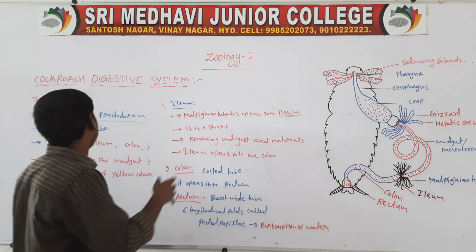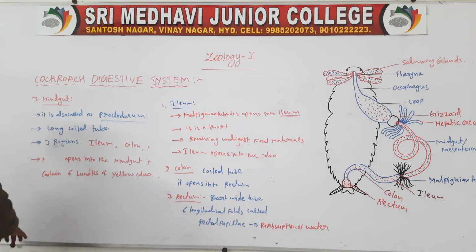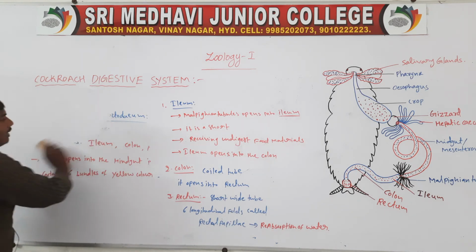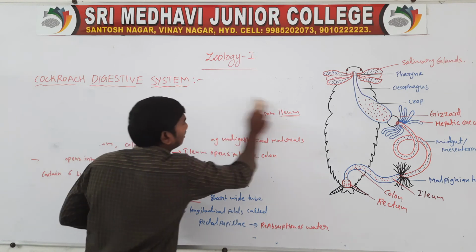So this is the alimentary canal. Next, digestive glands.